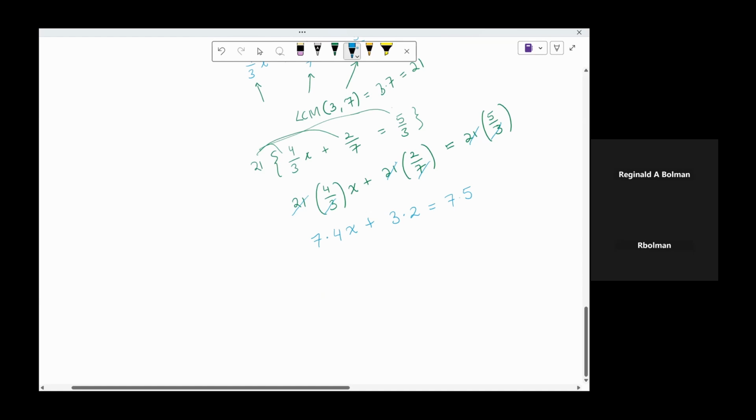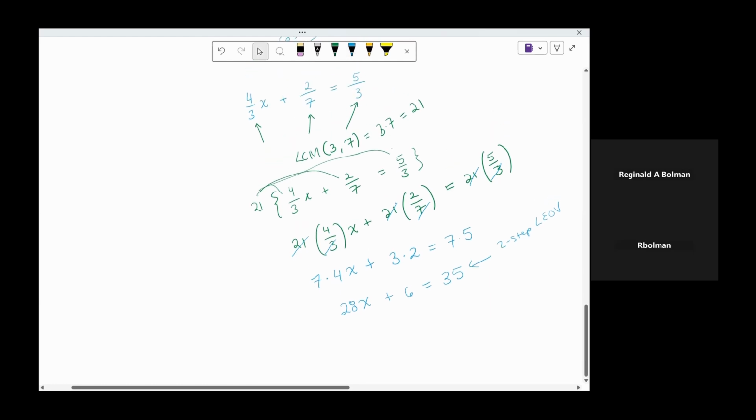So now you're left with 7 times 4 or 28x plus 3 times 2 is 6 is equal to 7 times 5 is 35. And so you've got a two-step LEOV. Assuming that you did your math correctly, meaning you found the correct LCM and did your multiplication across the entire equation correctly, okay, that's an assumption.